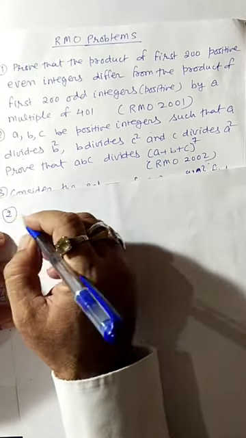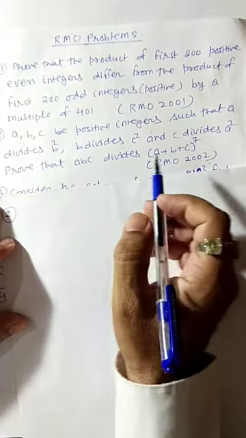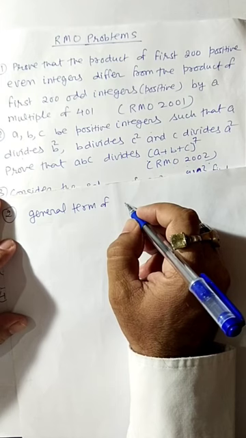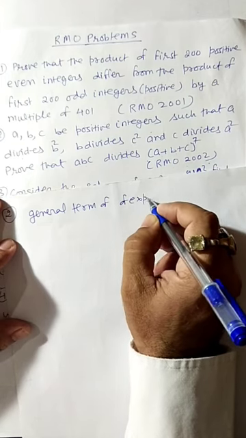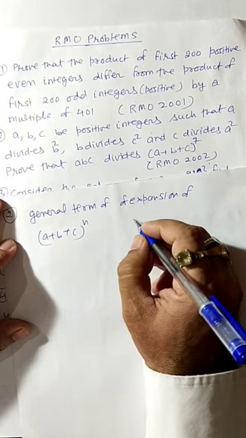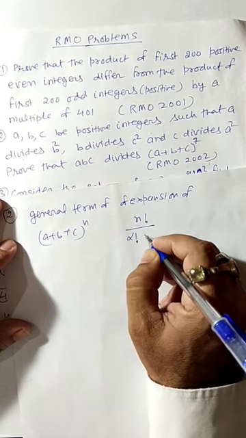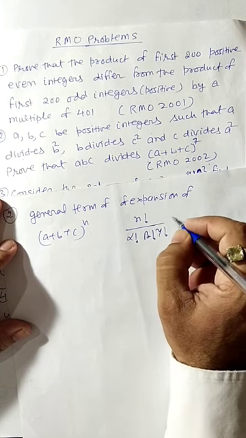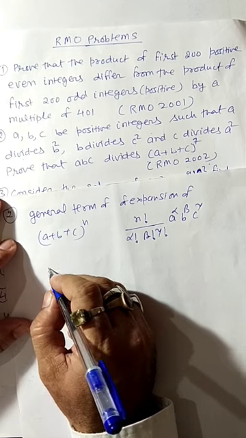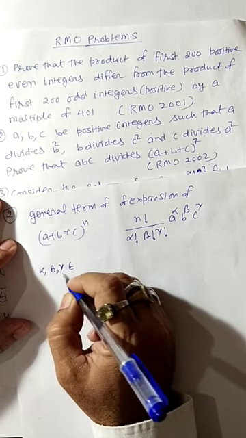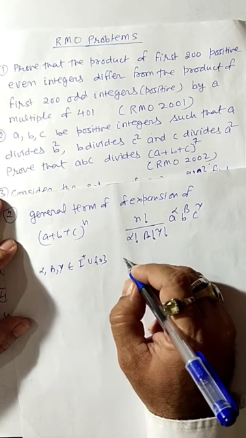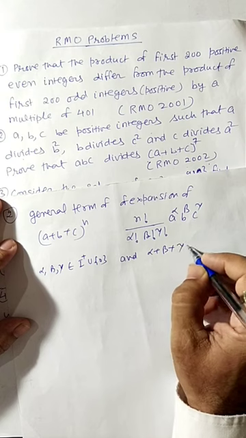In this second problem, first of all, we should know the general term of the expansion of (a + b + c)^n, and this general term is n factorial divided by alpha factorial, beta factorial, and gamma factorial, times a^alpha, b^beta, and c^gamma, where alpha, beta, gamma can be positive integers or 0, and alpha plus beta plus gamma should be equal to n.